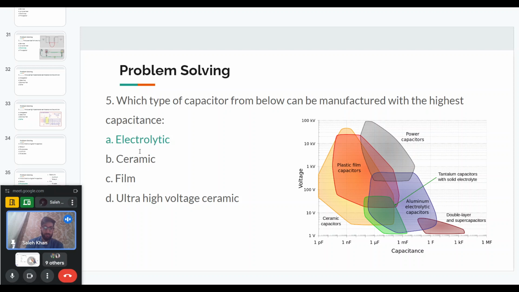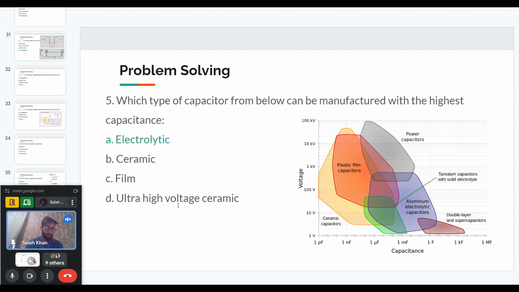For this one, it is ultra high voltage ceramic. As I mentioned, as we go to high voltage for the ceramic capacitors, the capacitance value actually reduces. That is why the fourth one is not the answer to this one.